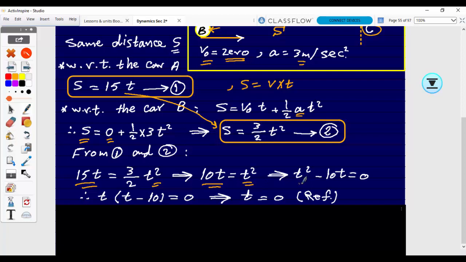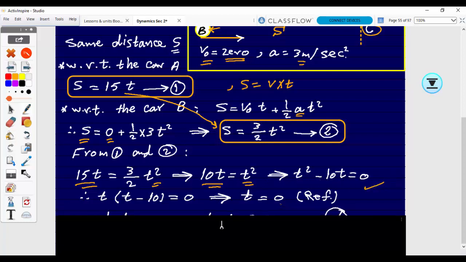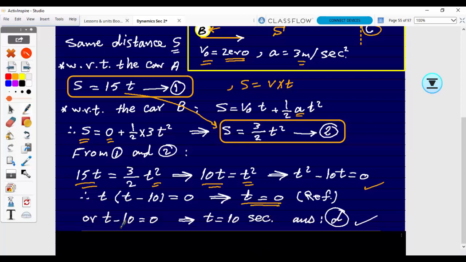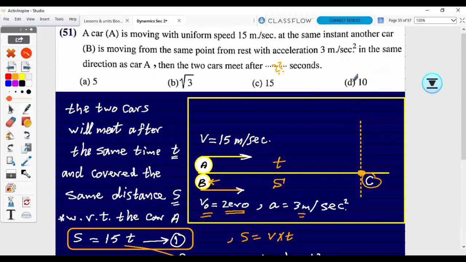And then t squared minus 10t equals 0. So t multiply t minus 10 equals 0. T equals 0, it's refused. And t minus 10 equals 0, it means t equals 10 seconds. And the answer will be letter D, 10 seconds.